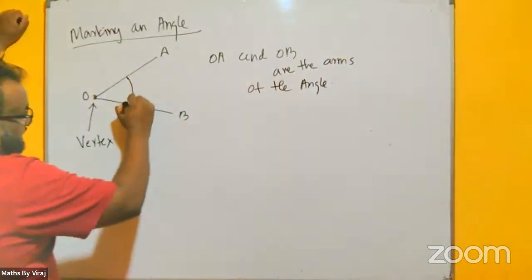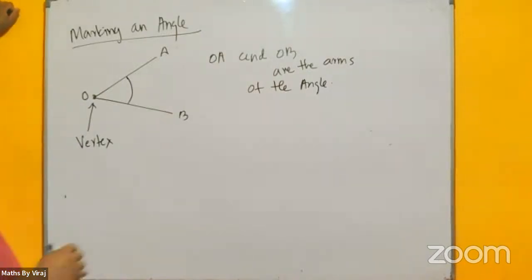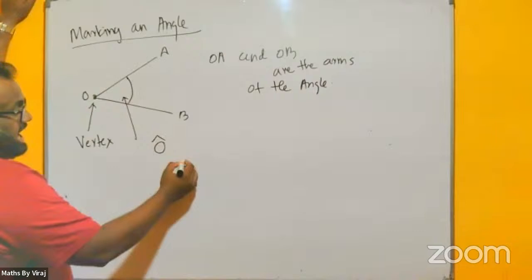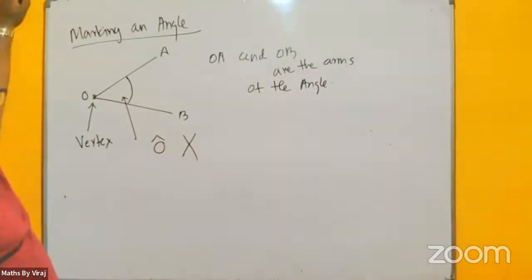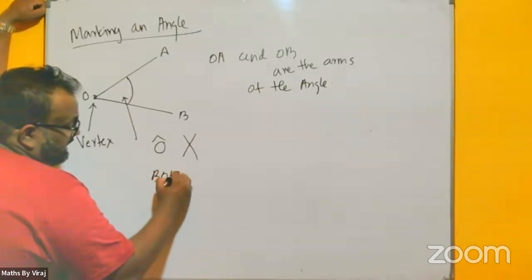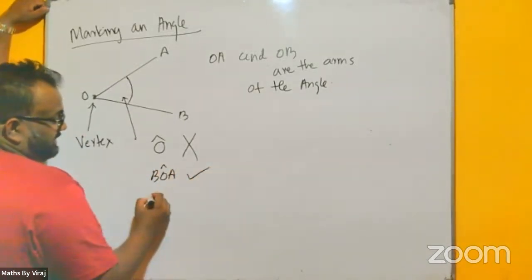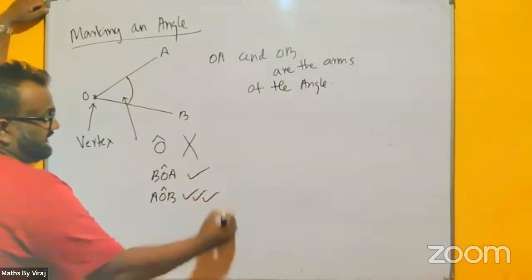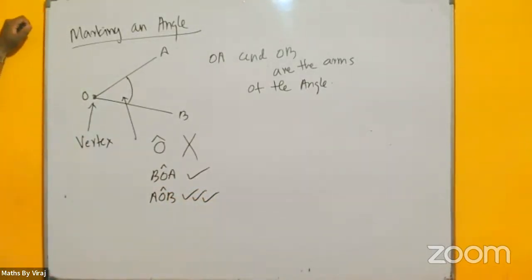So this is my angle. How do you label this angle? If you label it as angle O, that is not completely correct. BOA is all right, but the most preferred way is writing it as AOB.